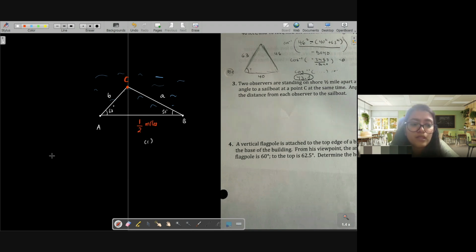So small a over sine of 63 will be equal to small b over sine of 56. And what will be this angle? Do 180 minus 63 minus 56. This angle will be 61 degrees. So this is equal to 1/2 over sine of 61.